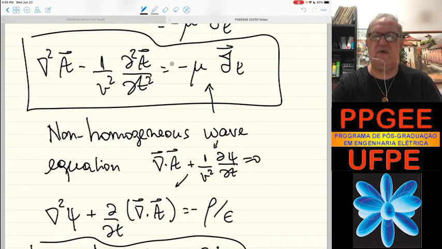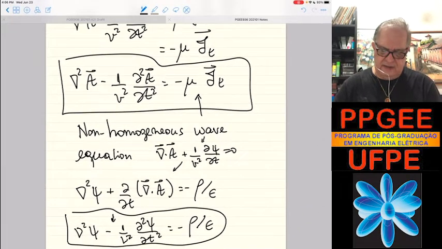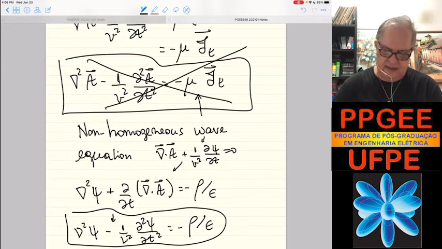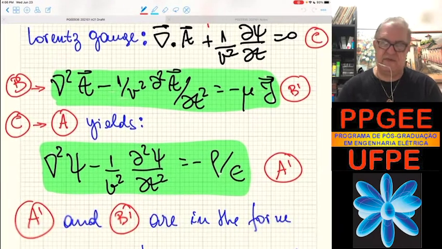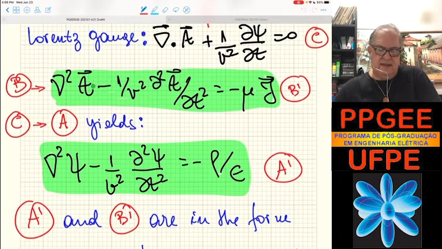Of course, if we solve the scalar wave equation, we can solve the vector wave equation. Okay. So now our equations in the Lorentz gauge are decoupled. We solve them independently. These are the differential equations that govern potentials A and psi in the Lorentz gauge.